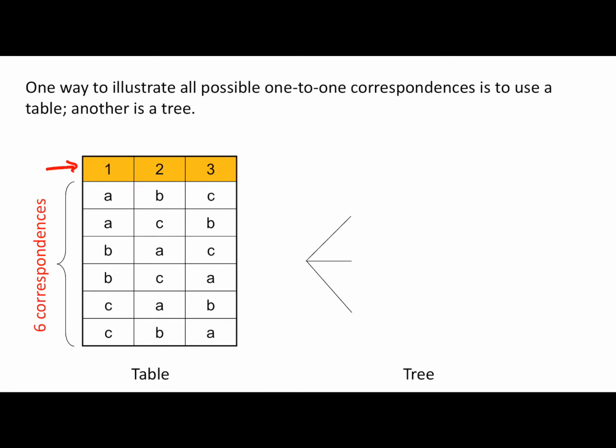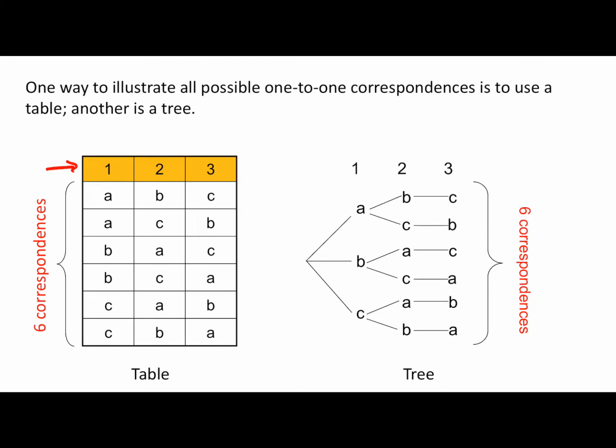And in each row, I have a possible correspondence. So that first row is the correspondence that 1 is associated with A, 2 is associated with B, and 3 is associated with C. Okay. And so really all it amounts to is how can I list the elements A, B, C in order, right? How many ways could I order those?